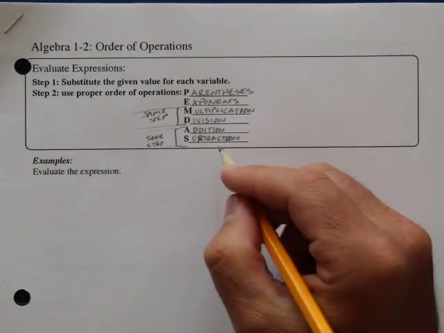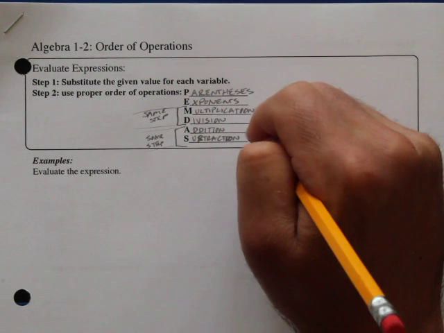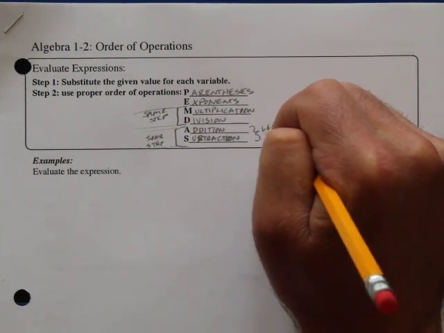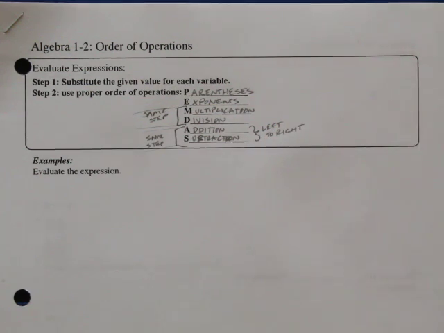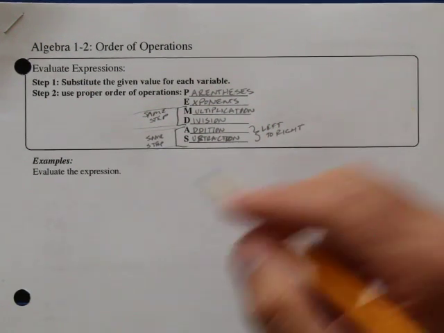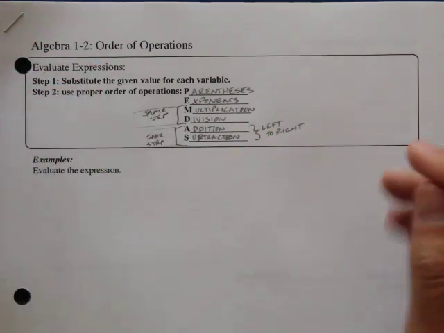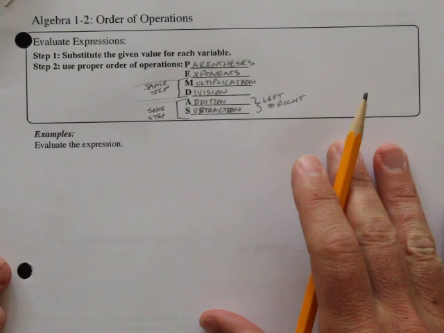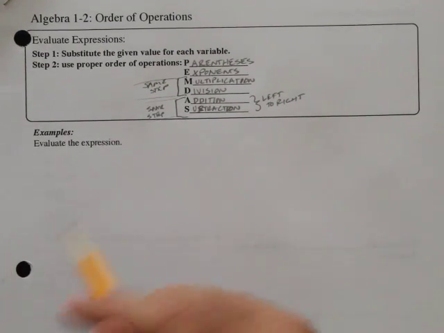Now, when you do addition and subtraction, go left to right. Save yourself some headaches for that. All right, so all of this is a bunch of words. Let's try to do some examples here so that we can figure out what all this means.